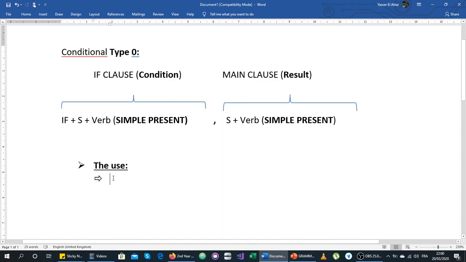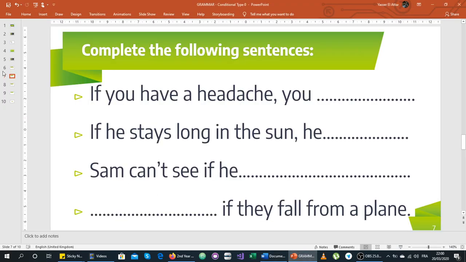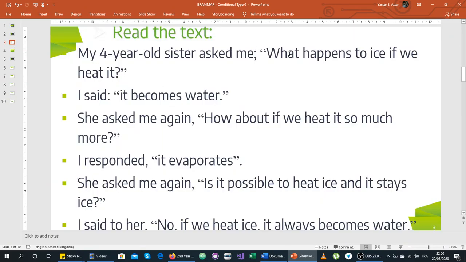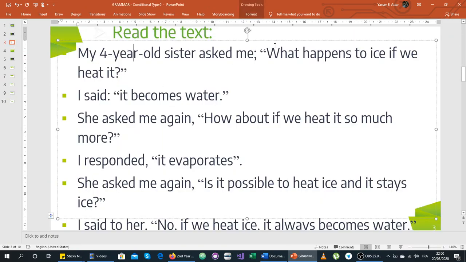So we go now to the use. We use it when we have a condition and the result is 100% true. It's always happening, like we saw in the examples here in the text. For example, my sister asked me what happens to ice if we heat it.